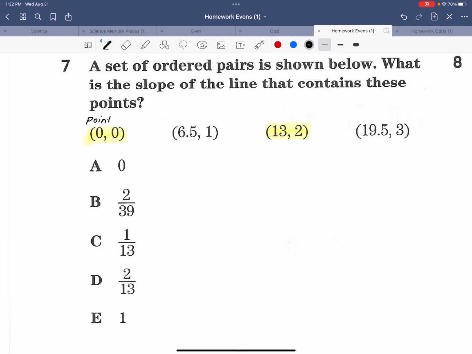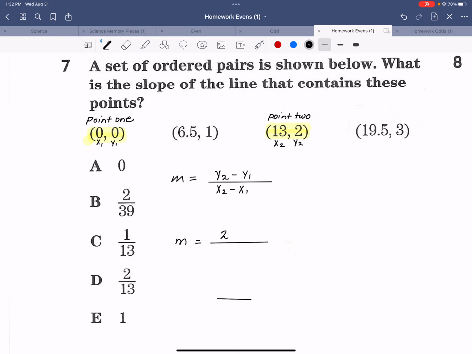So here is point 1, which means the x is 1 and the y is 1. And then here's point 2, where x sub 2, y sub 2 are the values. And then let's set up the slope formula. M equals y sub 2 minus y sub 1 over x sub 2 minus x sub 1.